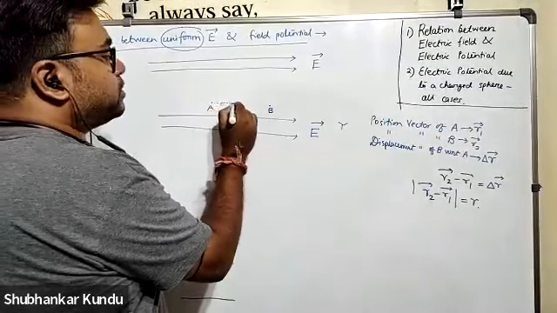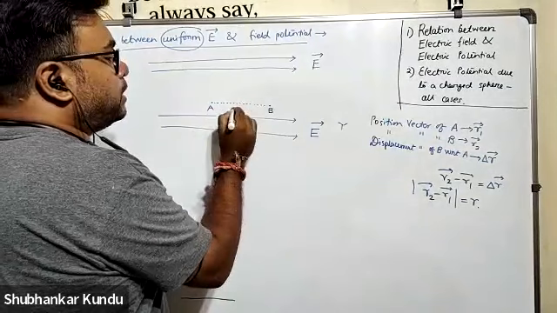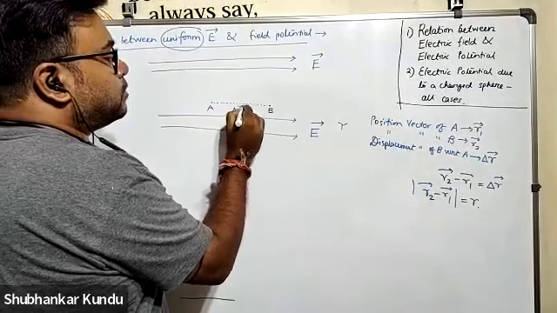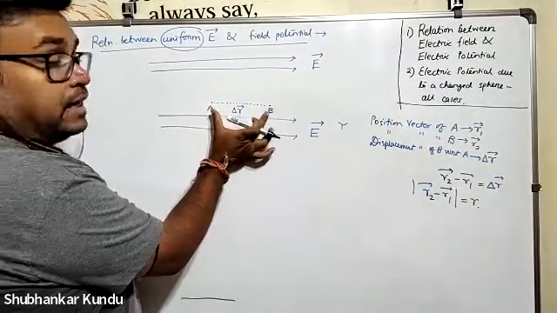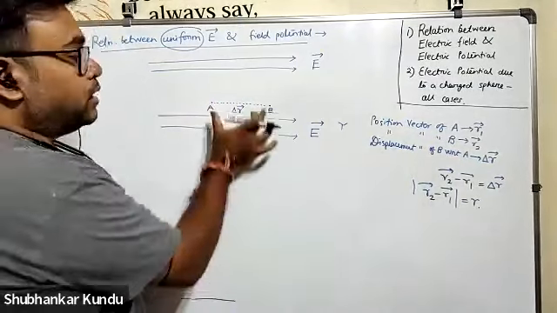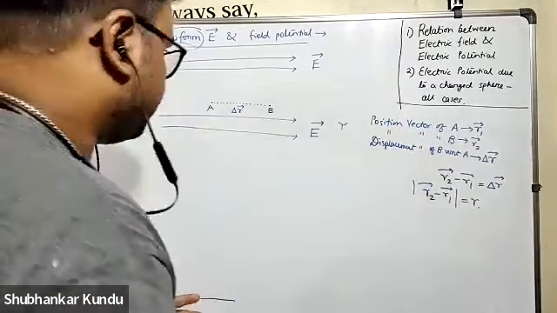This is the displacement vector, delta R. The magnitude is this much length, and the whole is the displacement vector.